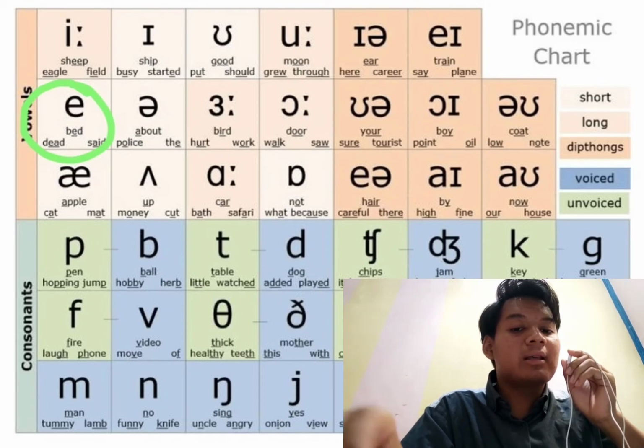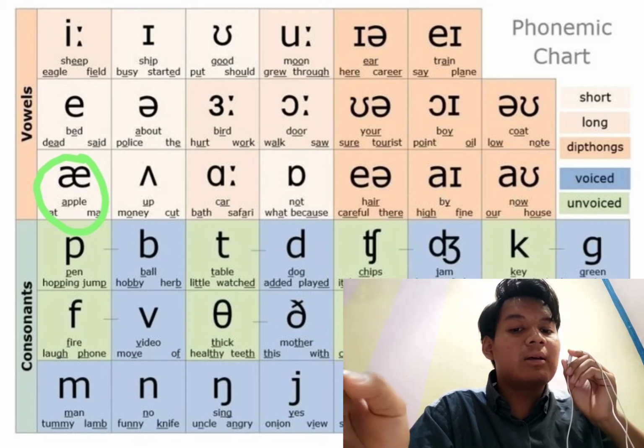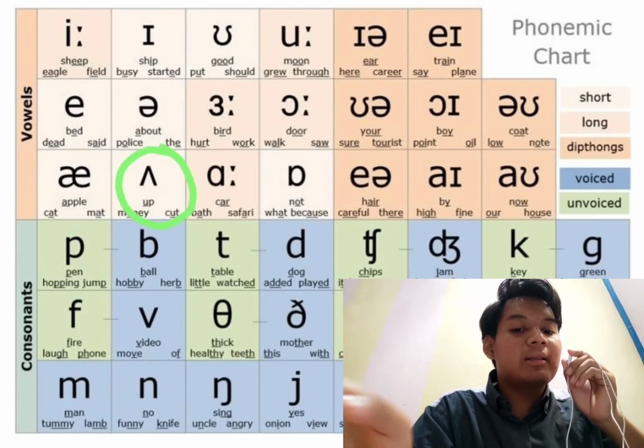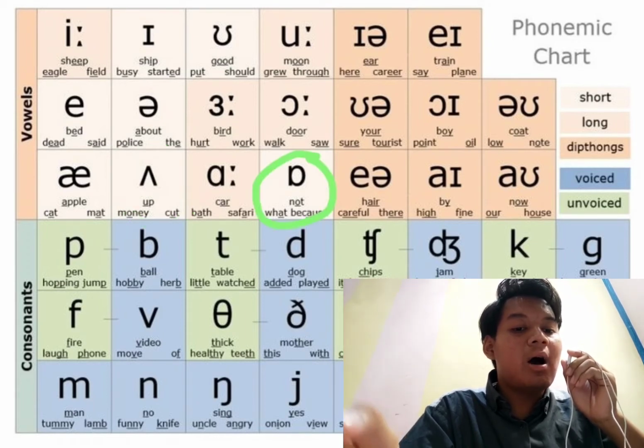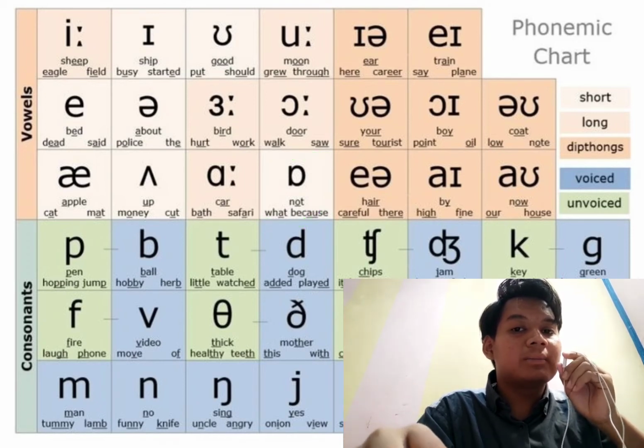And next, for example: apple, cat, mat. And next, for example: up, money, card. And next, there is o. For example: not, what, because. And that is short vowels.